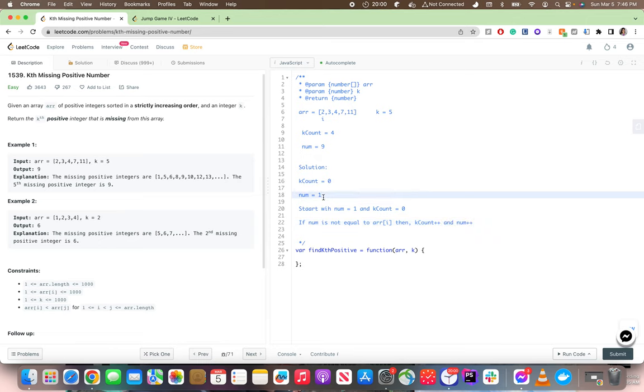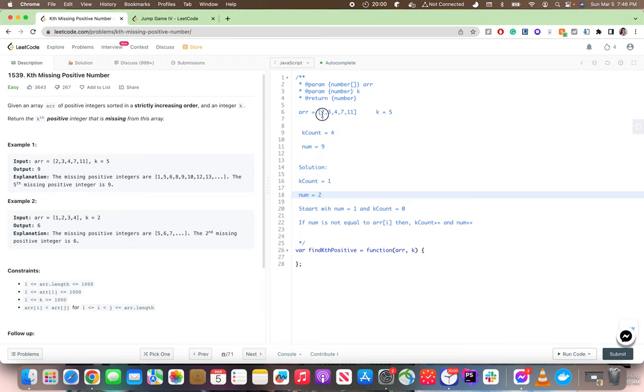I'm doing k count plus plus because now we know that 1 is not here. So k count is 1, because we know that the first missing number is 1. Now we will see for 2.